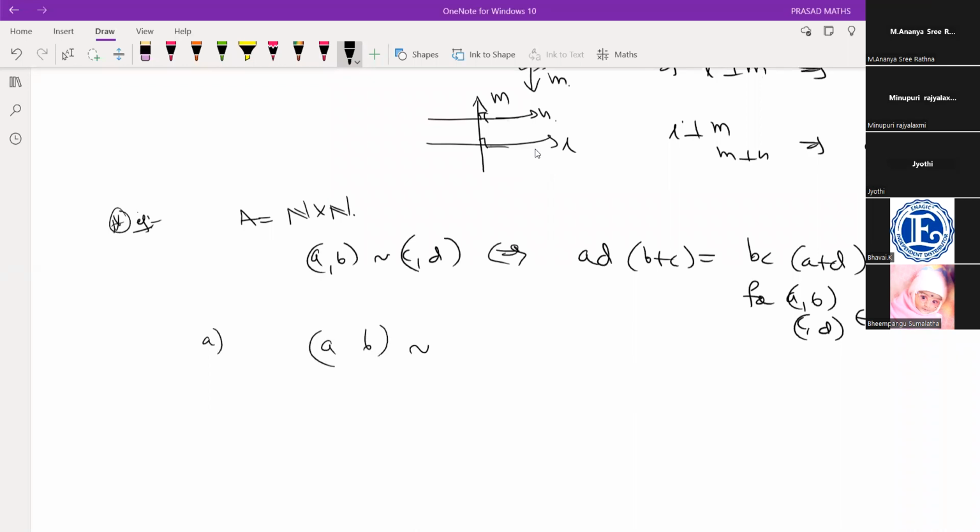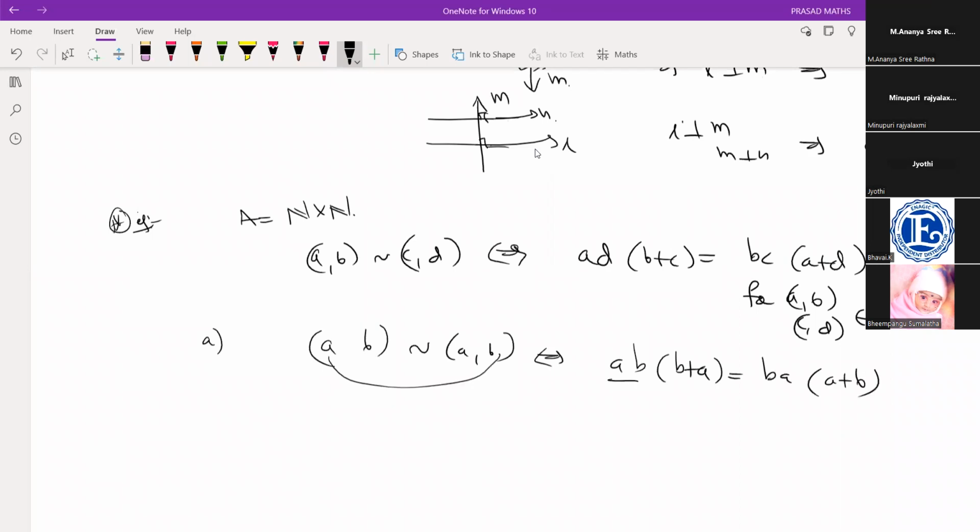To show it is reflexive, (a, b) is related to (a, b), you need to show that ab(b + a) = ba(a + b). Is it possible?